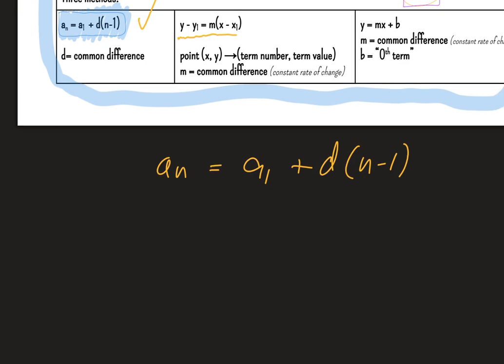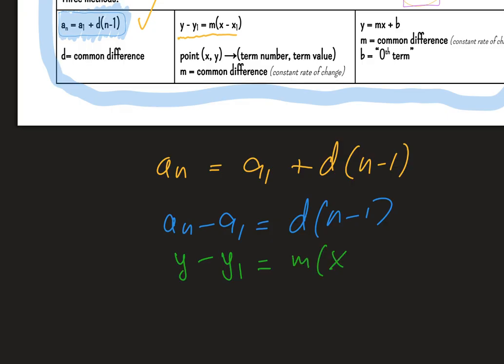If you were to subtract a1 from both sides, you get that. And isn't that a whole lot like this? Pretty much, like I said, in structure, look, they line up the same, right? Even like the minuses and the minuses, right?